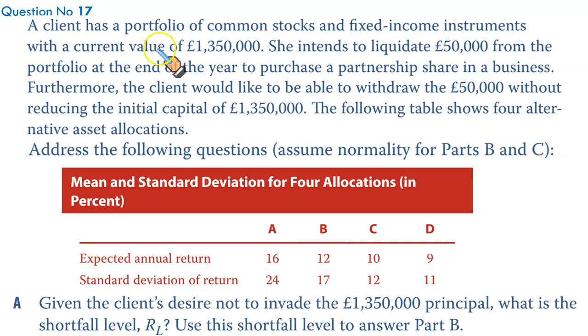A client has a portfolio of common stocks and a fixed income instrument with a current value of 1.35 million. She intends to liquidate 50,000 from the portfolio at the end of the year to purchase a partnership share in a business. Furthermore, the client would like to be able to withdraw the 50,000 pounds without reducing the initial capital of 1.35 million.